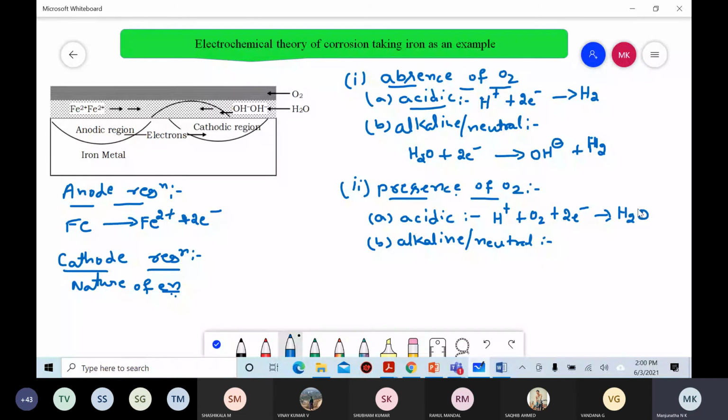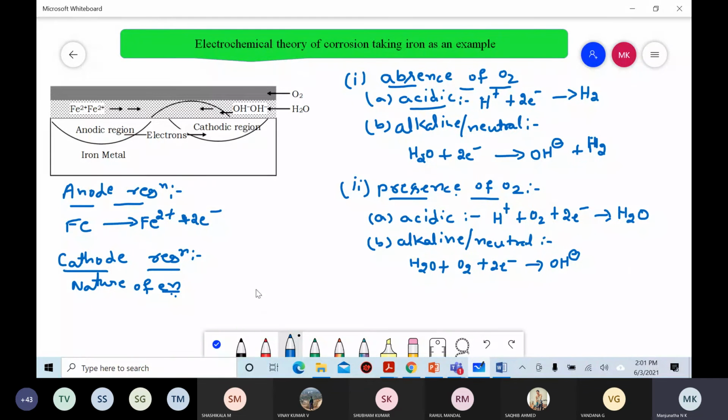In the second case, where the medium is alkaline or neutral, whatever moisture is available absorbs the oxygen and, gaining the liberated electron, is reduced to hydroxyl ions. Sorry, there is only a formation of hydroxyl ions.